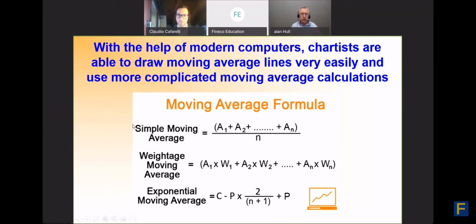And we have simple moving averages, we have weighted moving averages, then we have the exponential moving average. The exponential moving average is simply another type of weighted moving average, and that's a very important point to note. The exponential moving average is the most popular type of moving average in use today, and it's overused.